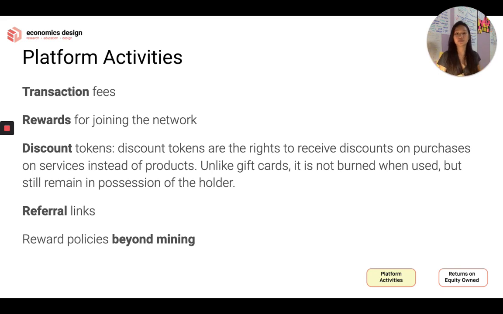So these are incentives, and other kinds of reward policies or reward mechanisms that are in general beyond mining. Because right now with a lot of platform activities, or when we look at base layer blockchain, it's more about when you mine, you get rewarded in terms of block rewards, but there are a lot of other kinds of incentives available.